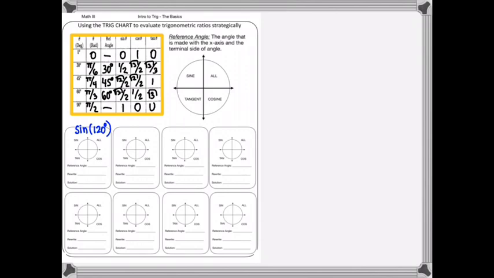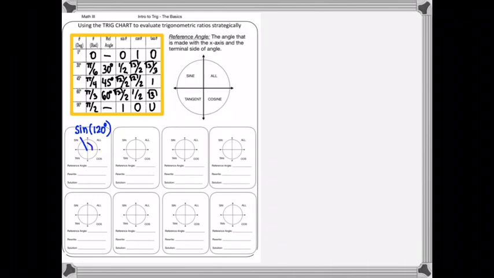Alright, so here we go. And notice that I have removed the chart because we don't want to lean on that the entire time. We want to use this method because it is going to help us streamline what we've learned. So if I look at the sine of 120 degrees, our angle is going to look like this.